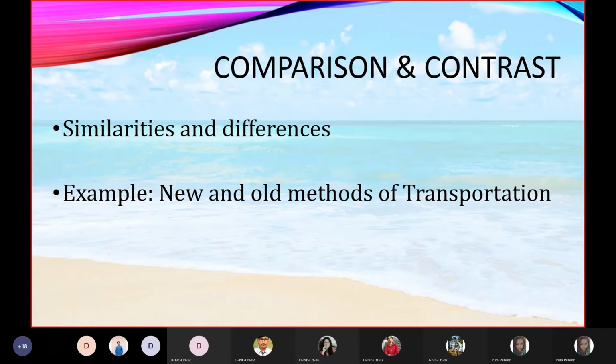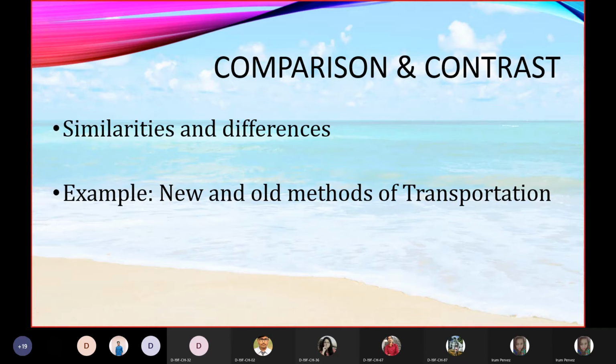There are different ways of writing expository writing, or explaining things, right? You can explain things by comparing and contrasting them, meaning finding similarities and differences between them. For example, we have new and old methods of transportation. So when we would be writing new and old methods of transportation, definitely we are not going to define what transportation is, or even write it into a sequence.